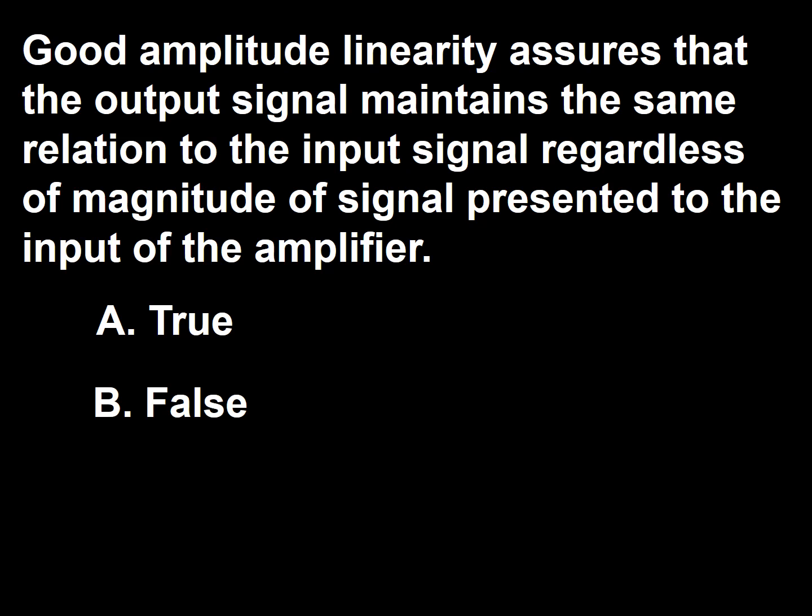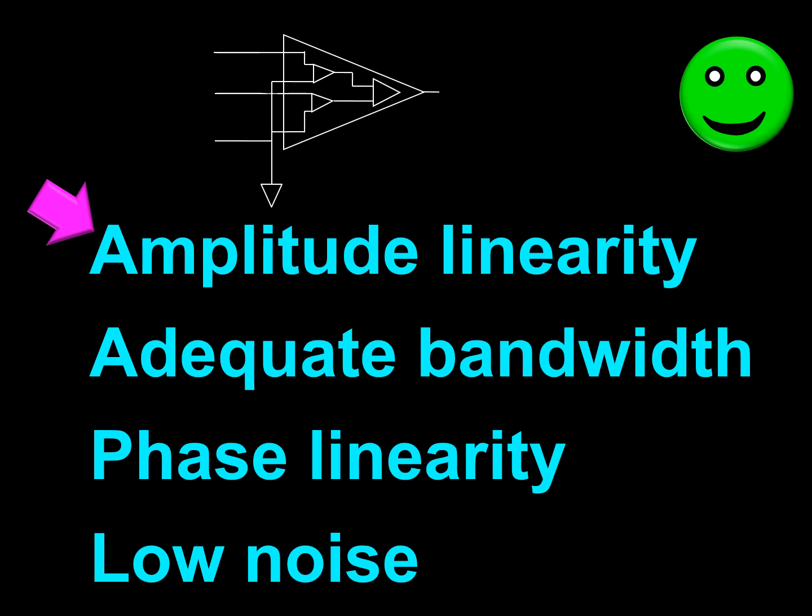Next question. Good amplitude linearity assures that the output signal maintains the same relation to the input signal regardless of the magnitude of the signal presented to the input of the amplifier. A true, B false. This question addresses the issue of amplitude linearity.